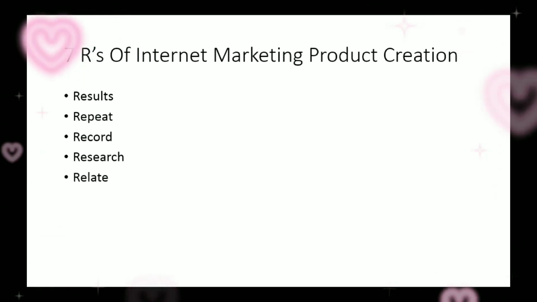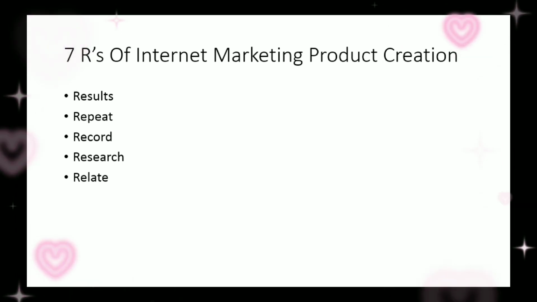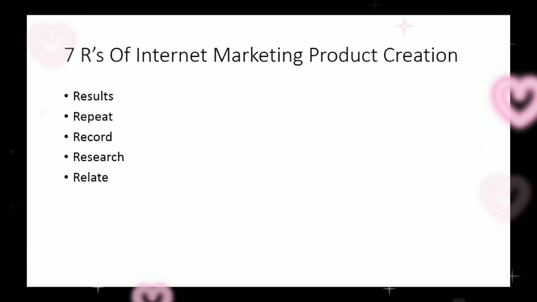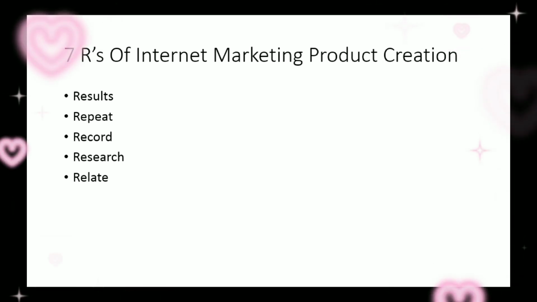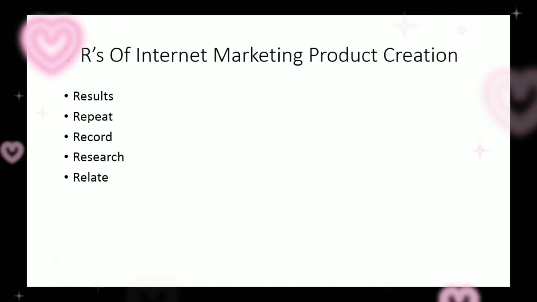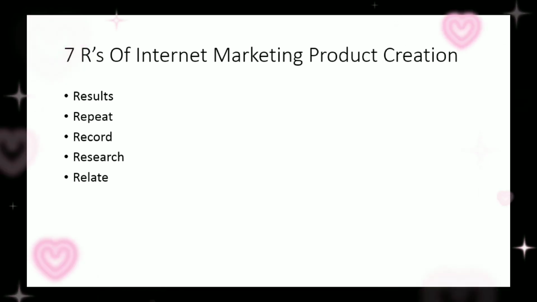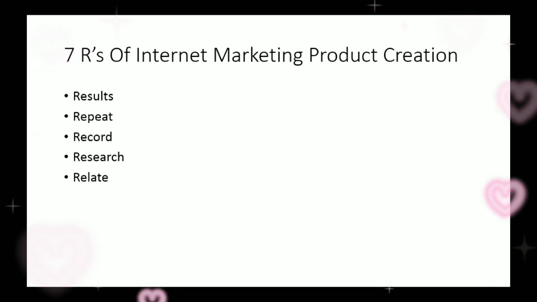Relate, right? It needs to be relatable. In other words, your product should really be something that touches on something that people are actually doing. So it isn't something that's obscure. It's something that is directly relatable to what they're doing. So if you're doing a method, it should be very relevant to people in a certain niche.